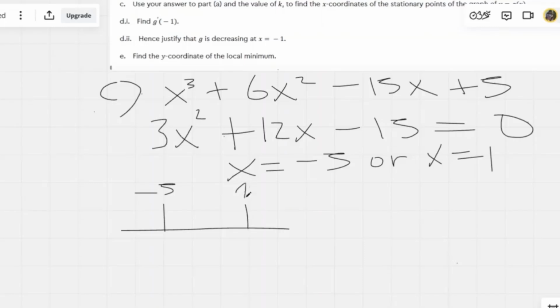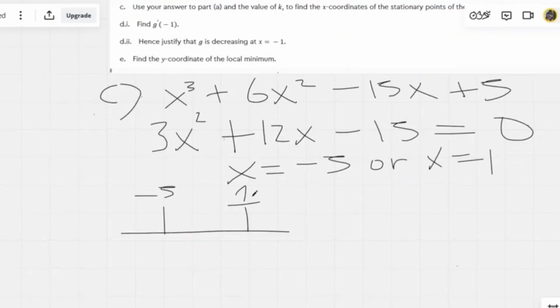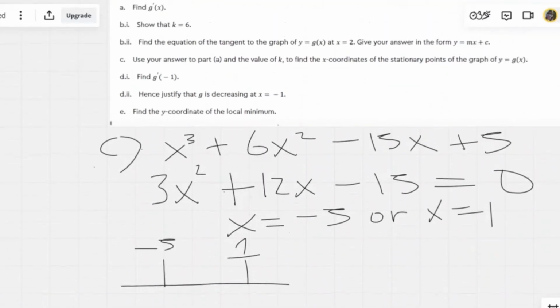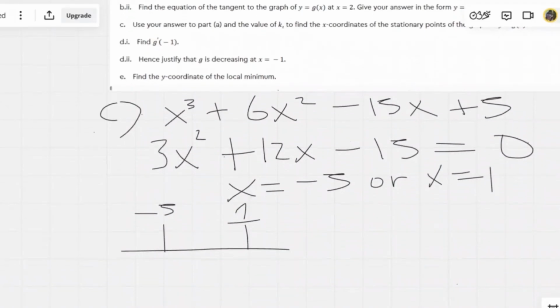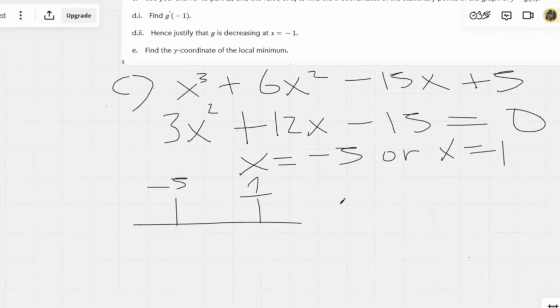We plot these two x values on a sign diagram. So between minus 5 and 1, we choose a number in between those to determine whether it is a maximum point, a minimum point, or a stationary inflection point.